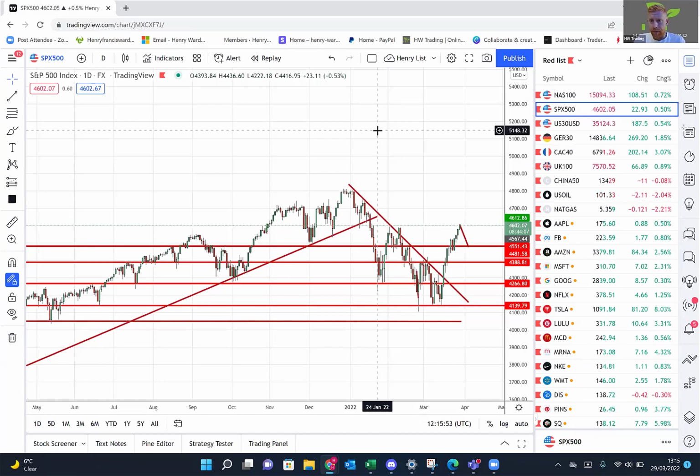I expect the Fed to do exactly what the Fed has done the whole way along. The Fed will continue raising interest rates. There's nothing promising from peace talks, but again, the Fed will continue doing what the Fed have done.